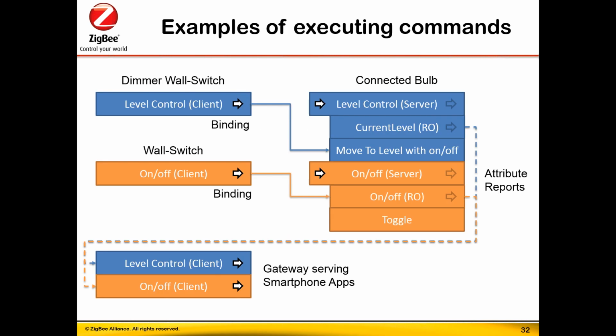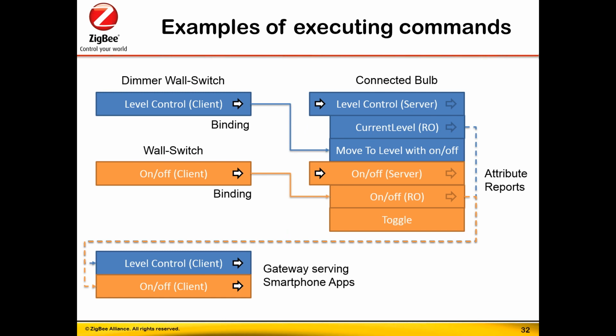So that's, again, the example with a wall switch and a dimmer switch. For example, the dimmer switch can send move to level commands to set the brightness, and the wall switch can send only on and off commands, and both will be able to find the connected bulb, and both can fulfill their function by sending the commands that are specific to that cluster.